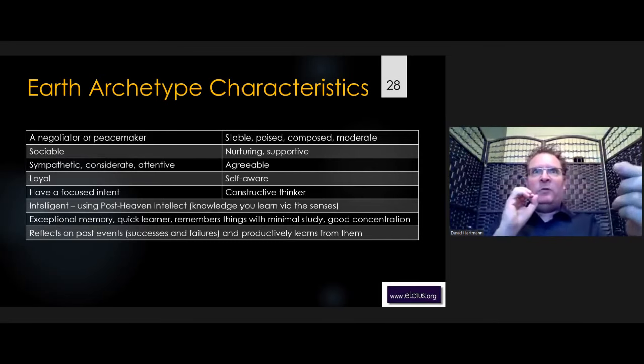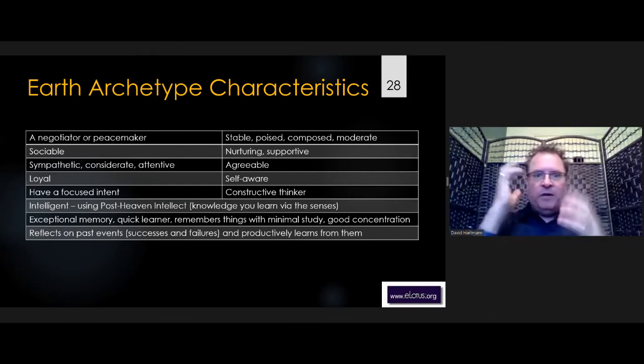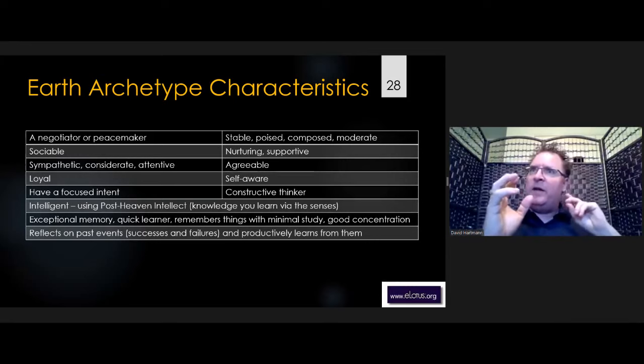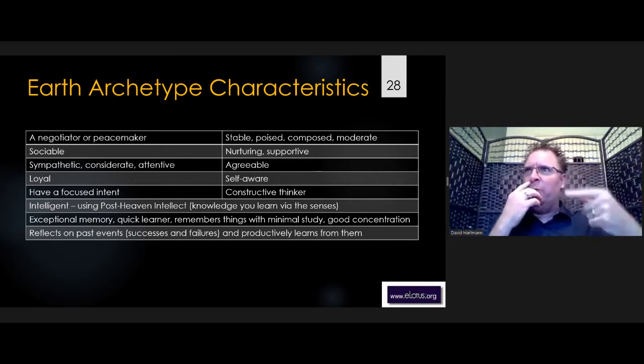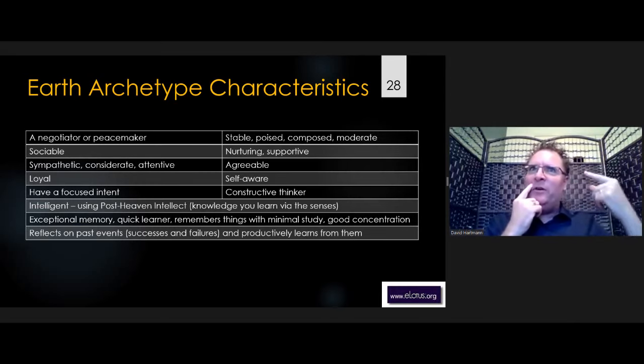The minute they see you, the post-heaven intellect kicks in and they go, right, that's David, blah, blah, blah, blah, blah. I'm David at the other end of the aisle, and I'm a fire archetype, and I look up and I go, that person looks vaguely familiar. Can I remember their name? Oh. And so I'm walking towards them, and my brain's trying to memory recall, who is this person? They look so familiar.